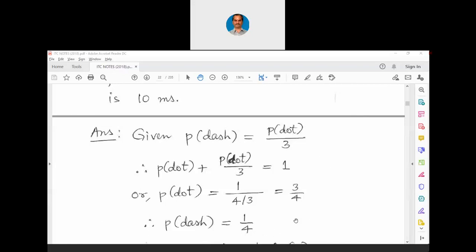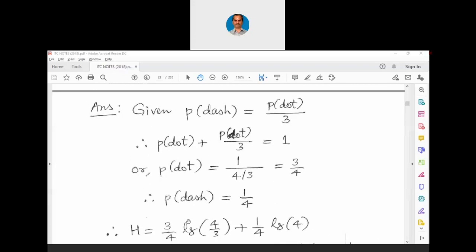Now you know the probability of dot and dash. Now we know that entropy is the summation of i equals 1 to 2 of Pi lg of 1 over Pi. So we simply use that formula of entropy to find out H. So H is 3 by 4 lg of 4 by 3 for the dot and 1 by 4 lg of 4 for the dash. This is nothing but Pi lg of 1 over Pi.